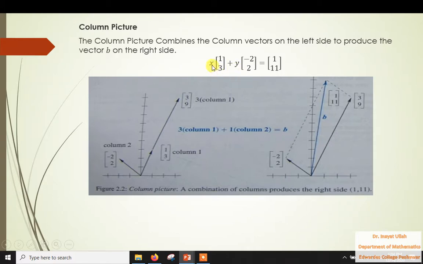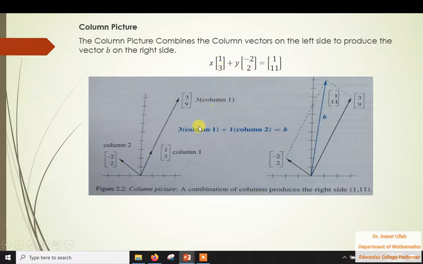So 3 times 1 is 3, plus 1 times minus 2 is minus 2, so 3 minus 2 is 1. And 3 times 3 is 9, plus 1 times 2 is 2, 9 plus 2 is 11. So (3, 1) is actually the solution.